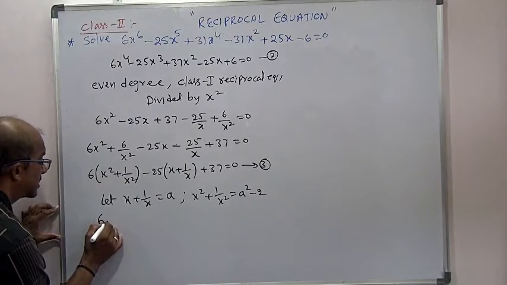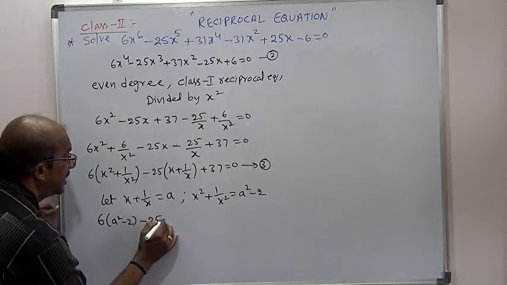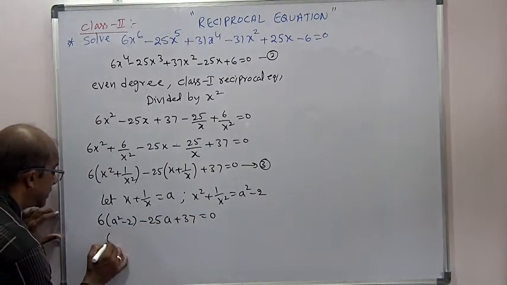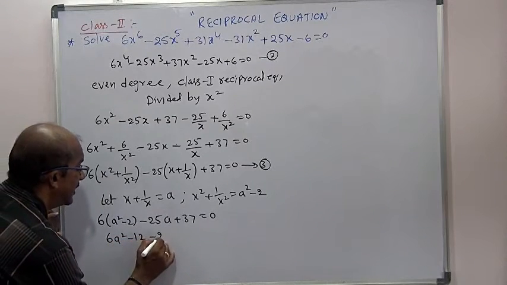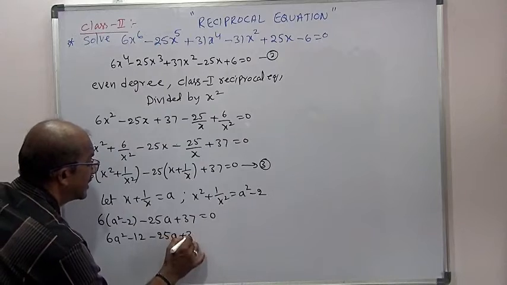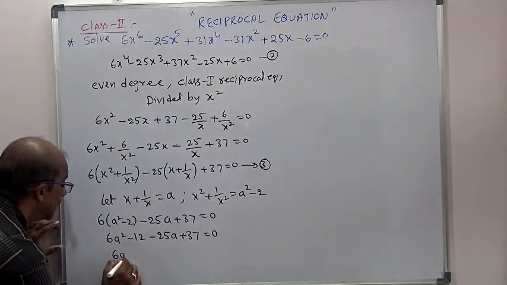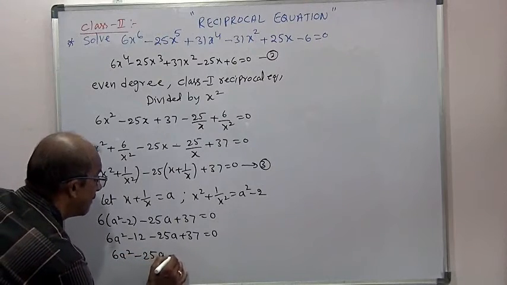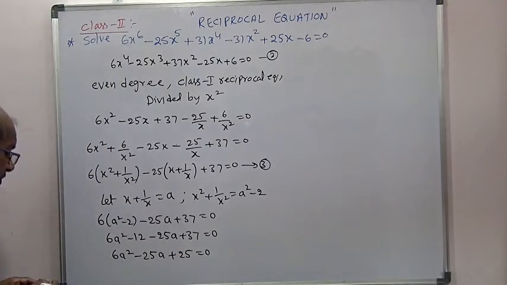Now 6 into a square minus 2 minus 25a plus 37 equal to 0. 6a square minus 12 minus 25a plus 37 equal to 0. Now write in order: 6a square minus 25a plus 25 is equal to 0. So this is the quadratic equation.